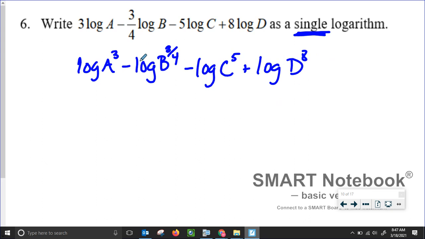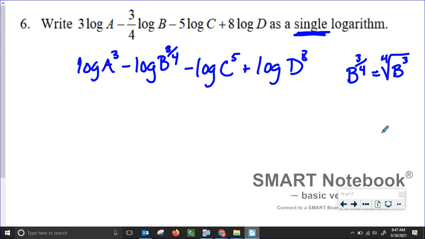Now do be mindful, just off to the side, this b to the 3/4. And we talked about fractional exponents before. Remember the denominator is actually a root, and the top stays an exponent.